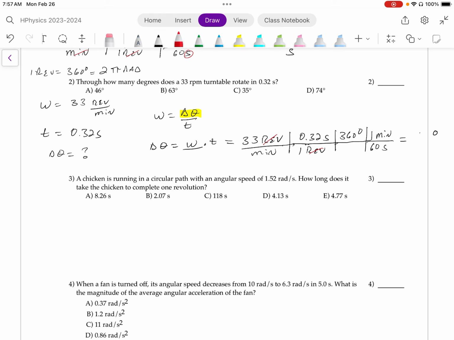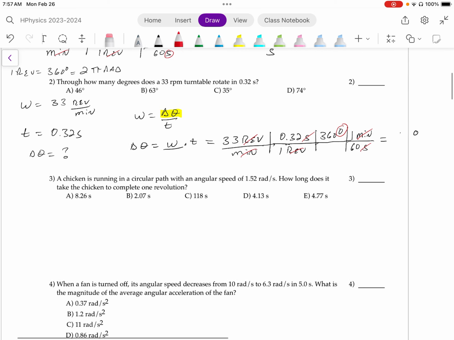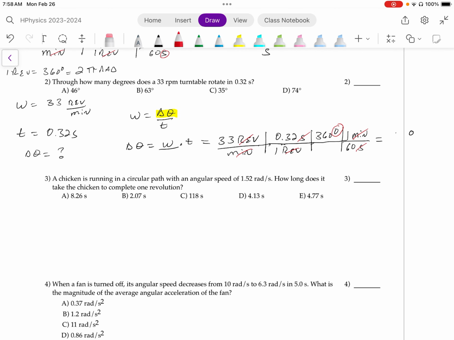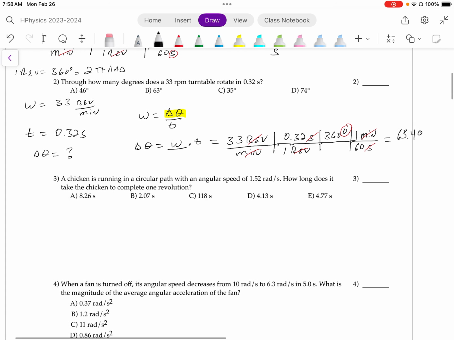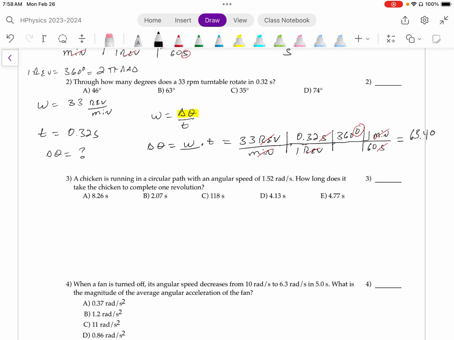And now my seconds cancel, my minutes cancel, everything cancels except for my degrees, and that's what I want my answer to be in. If I plug that into my calculator, the answer is 63.4 degrees. They gave it to me in 2 sig figs, so that'll be 63 degrees. So the answer is B.